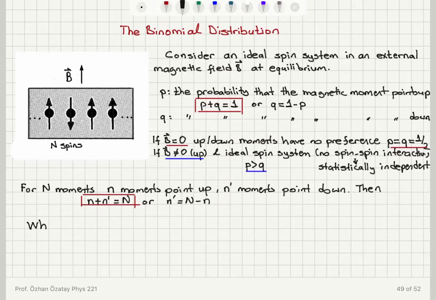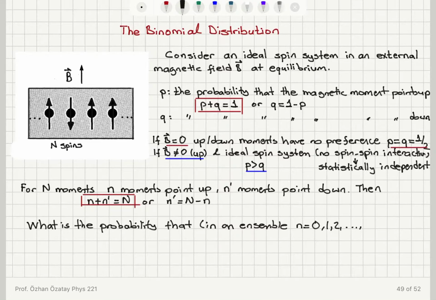Then the question I would like to ask is, what is the probability that in an ensemble, so I have number of up spins could be 0, 1, 2, all the way up to all the moments pointing up, n moments point up.